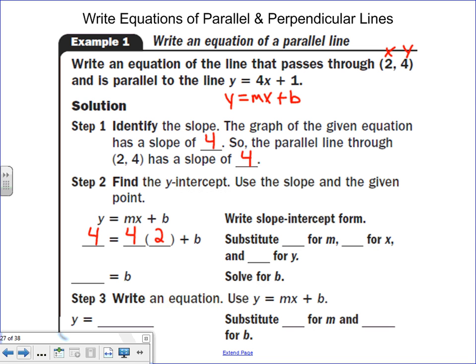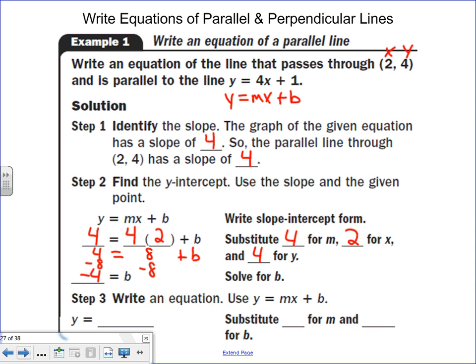So we substituted 4 for m, 2 for x, and 4 for y. Now we need to solve for b. 4 times 2 is 8, so we have 4 equals 8 plus b. To solve for b, you subtract the 8 from both sides. 4 minus 8 is negative 4. So now we know that negative 4 equals b.